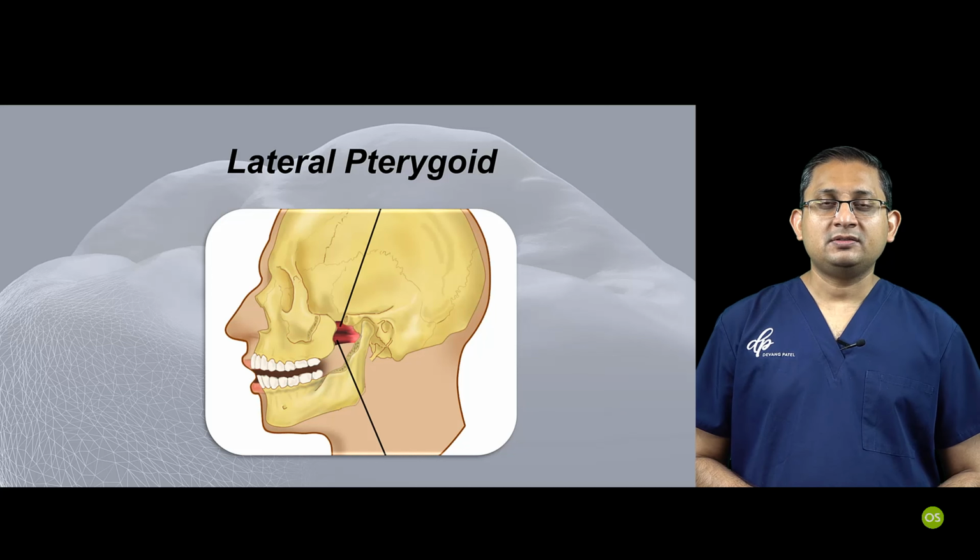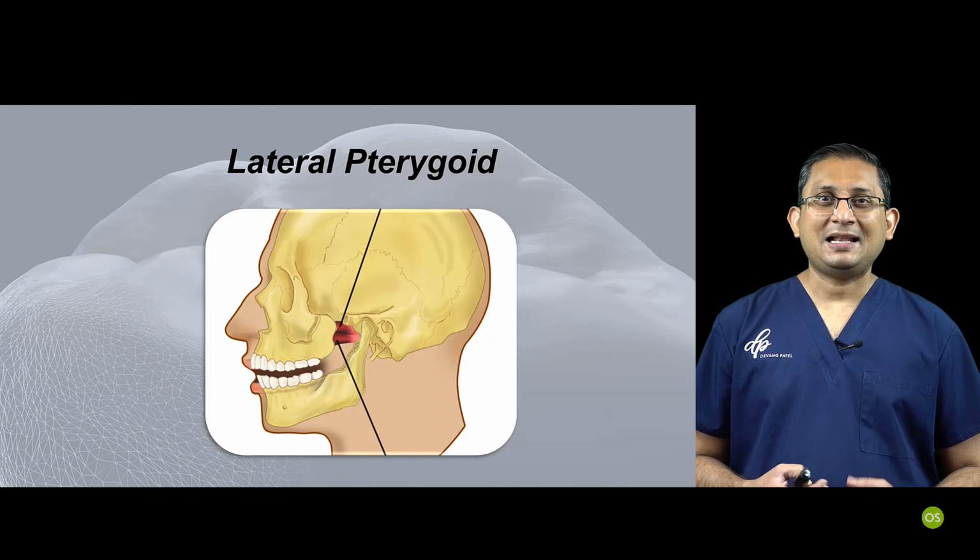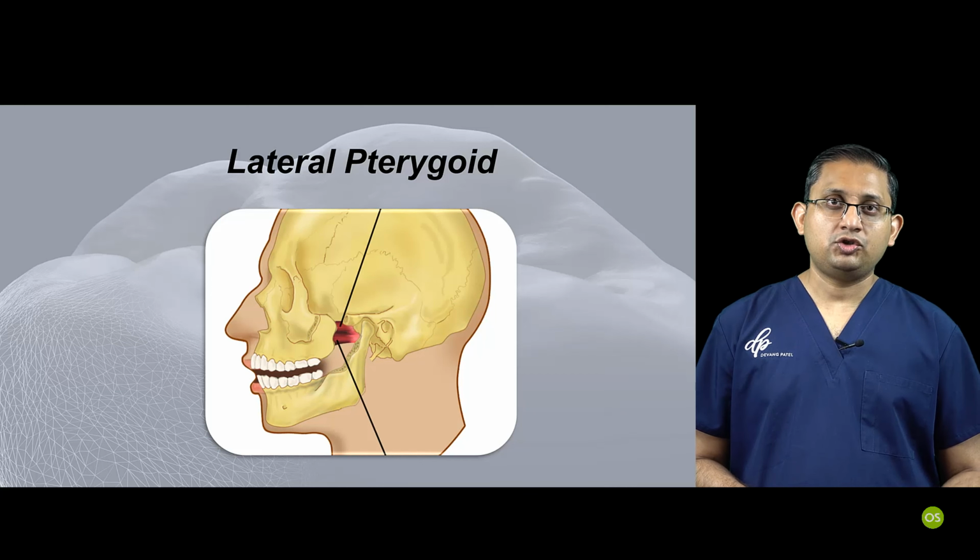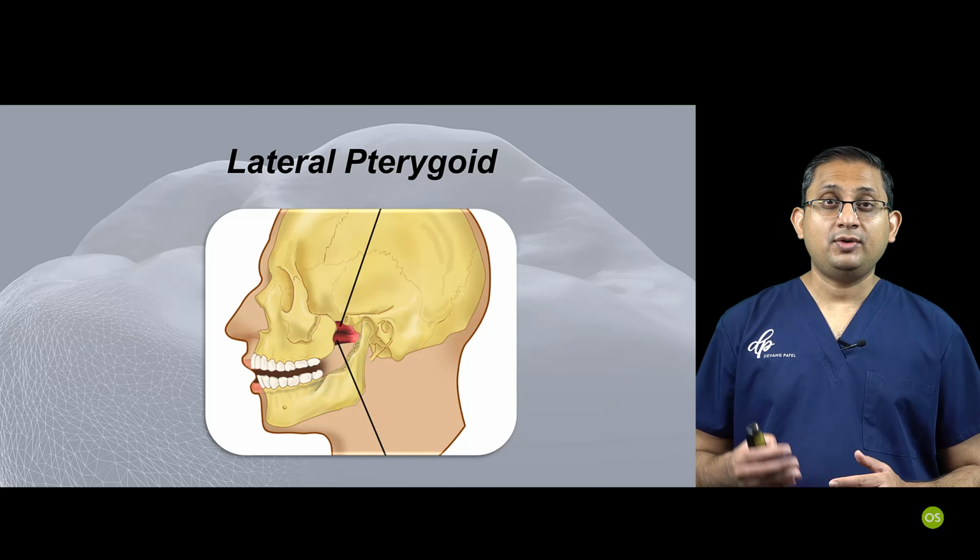The superior lateral pterygoid muscle is actually inactive when patients are opening their mouth. It's only active when patients are closing their mouth and making a power stroke movement, which is clenching or chewing. It is a muscle attached to the capsule and to the condyle.